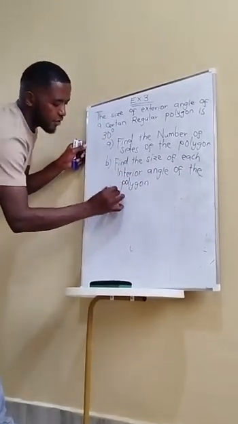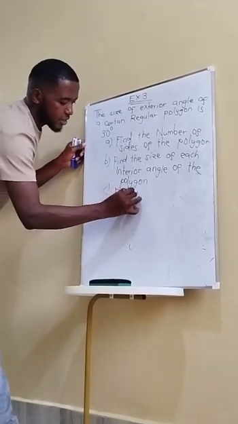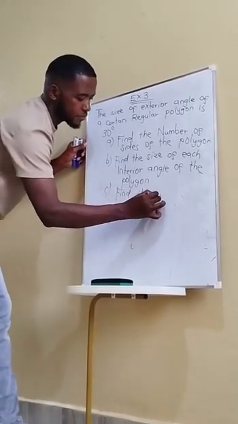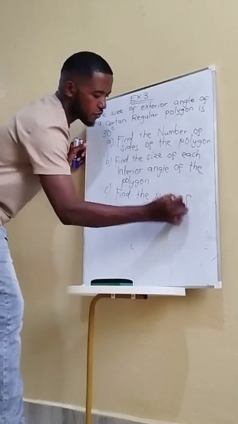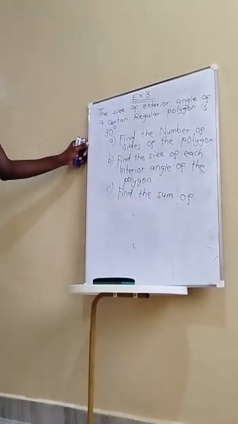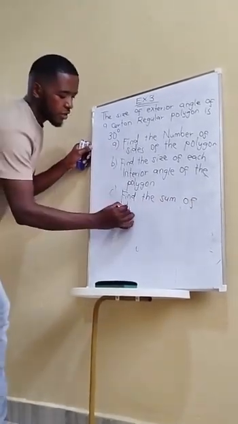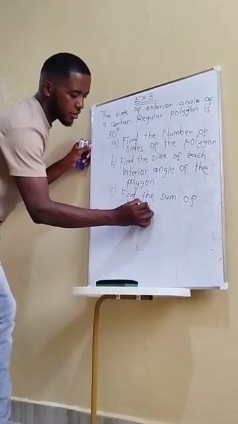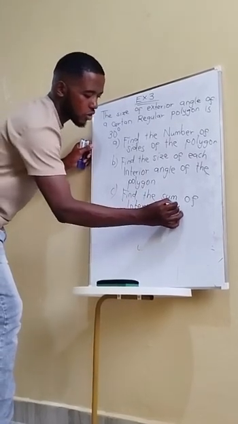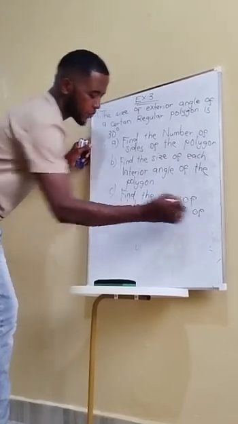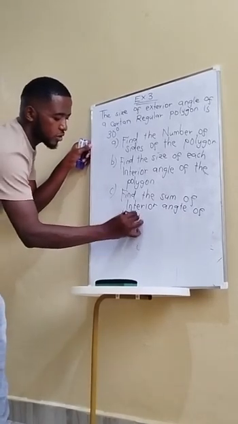C, find the sum of the interior angles of the polygon.